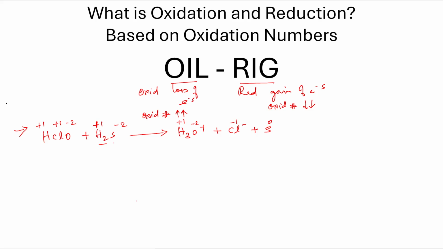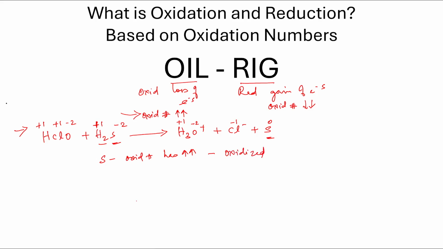Now, as you can see here, sulfur goes from -2 to 0. Therefore, for sulfur, the oxidation number has increased. Therefore, by our definition, if oxidation number increases, then it is oxidized.